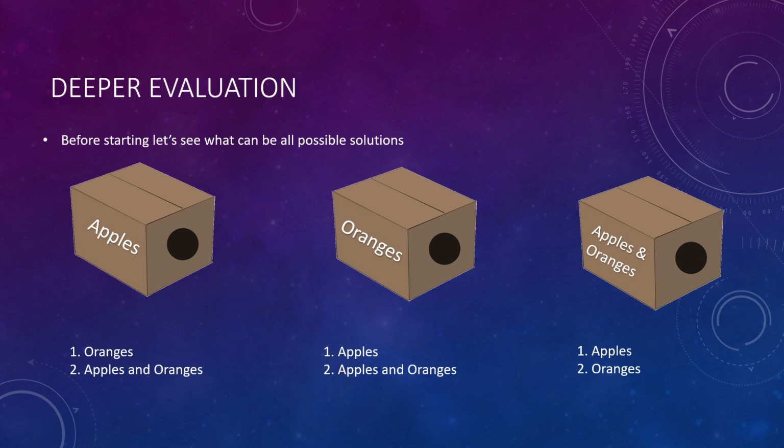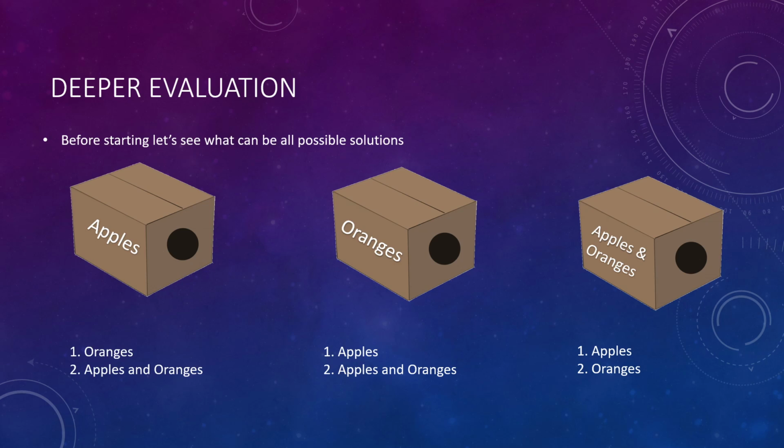Let's assume you chose the first one, the box labeled apples. So in it you can either have oranges or apples. So assume you got apples. Then you are good because then you can definitively say that this box contains apples and oranges, and you can deduce the other two boxes on the basis of elimination.